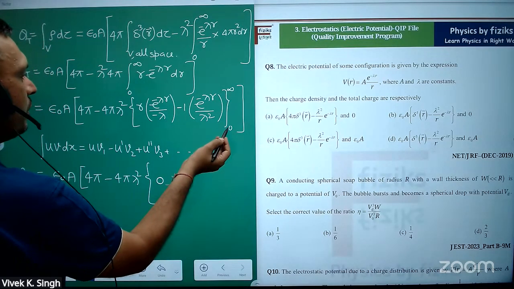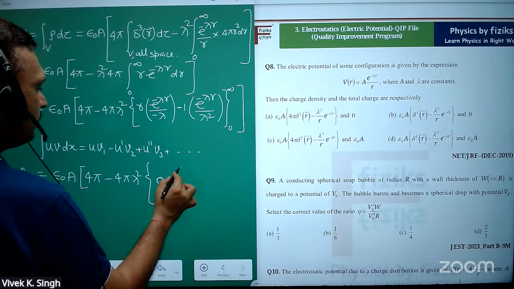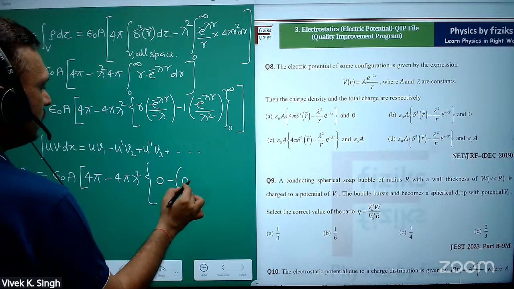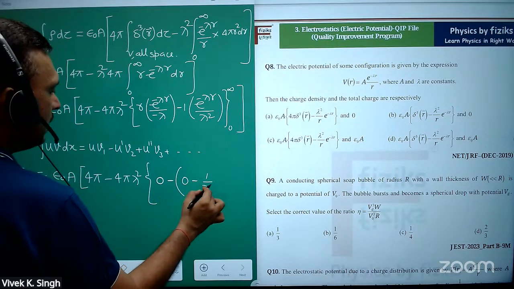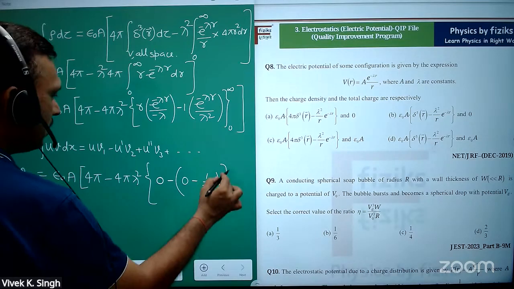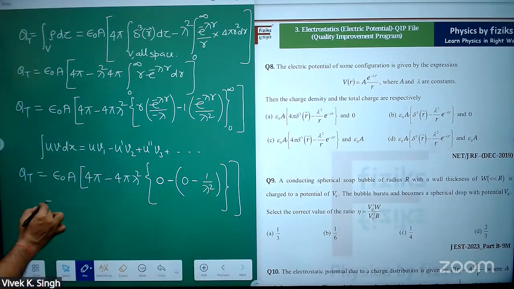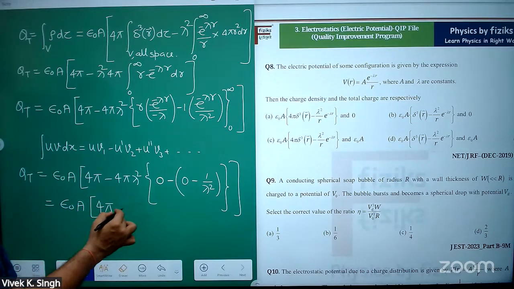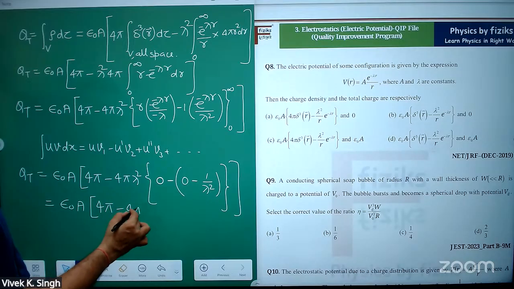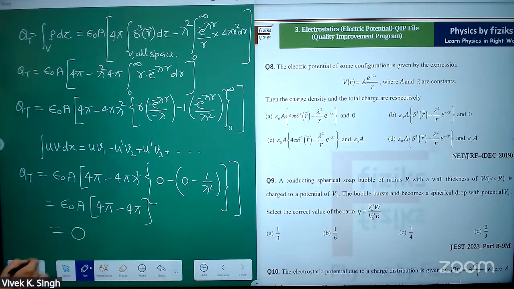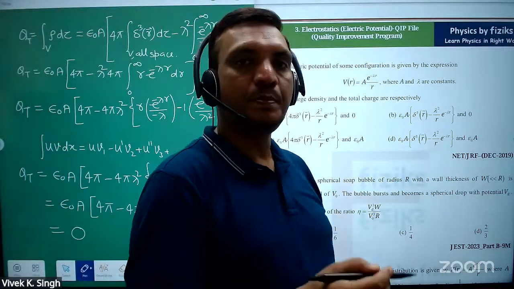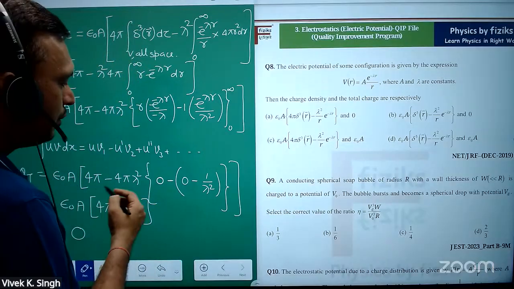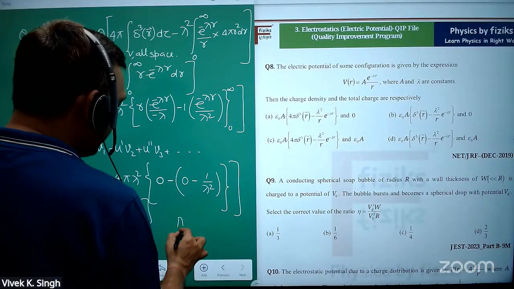And then if you put r equal to 0, this is 0 minus 1 by lambda square. So now you will get epsilon naught a 4 pi, this will be plus, and this is minus 4 pi. So the total charge in whole space, if you calculate with this charge density, will be 0. So in this case, option A is correct.